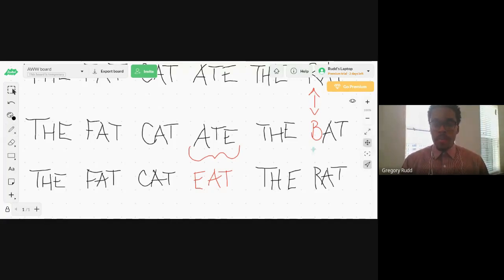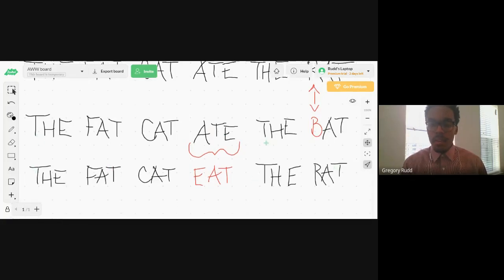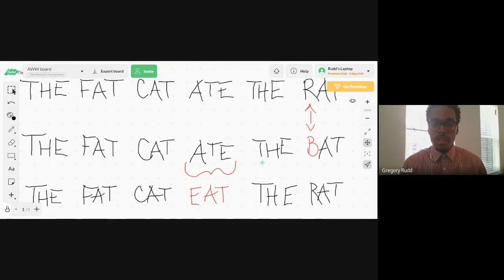So again, I've changed the order here. So I affected more than just one letter, but the good thing is I only affected one codon. So my sentence is now the fat cat eat the rat. It's not grammatically correct. It's not exactly the same as the original, but it still makes sense.